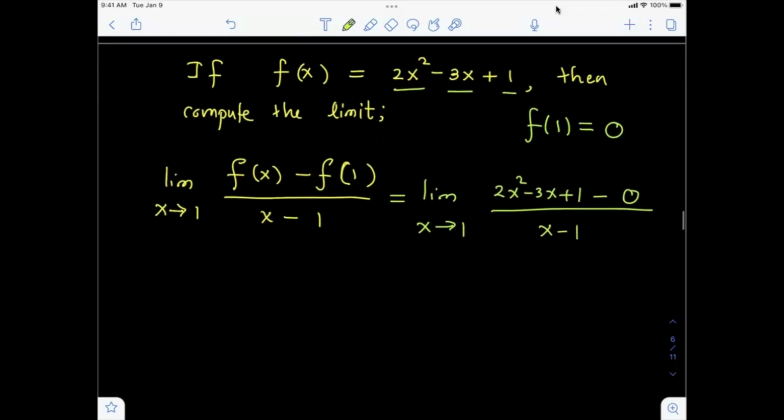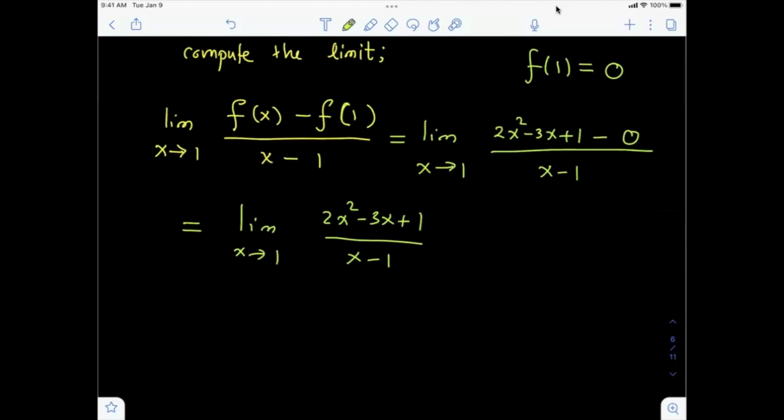Now, all you need to do is to simplify this term. 2x squared minus 3x plus 1 divided by x minus 1. Now, you know what to do in this kind of scenario. It's none other than a factorization problem. So let's factorize. Let me give you a trick in this kind of a situation.